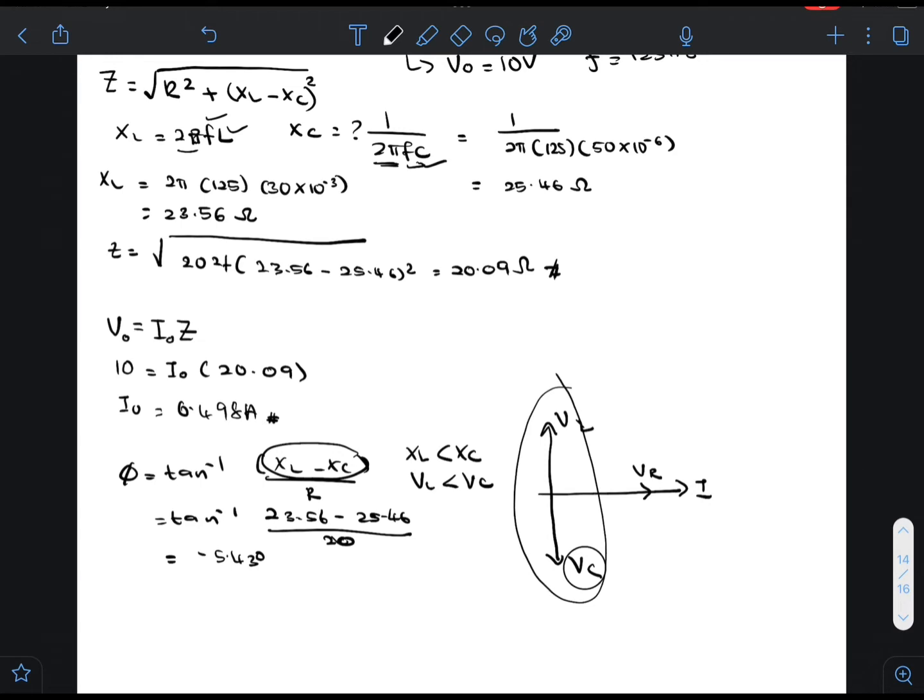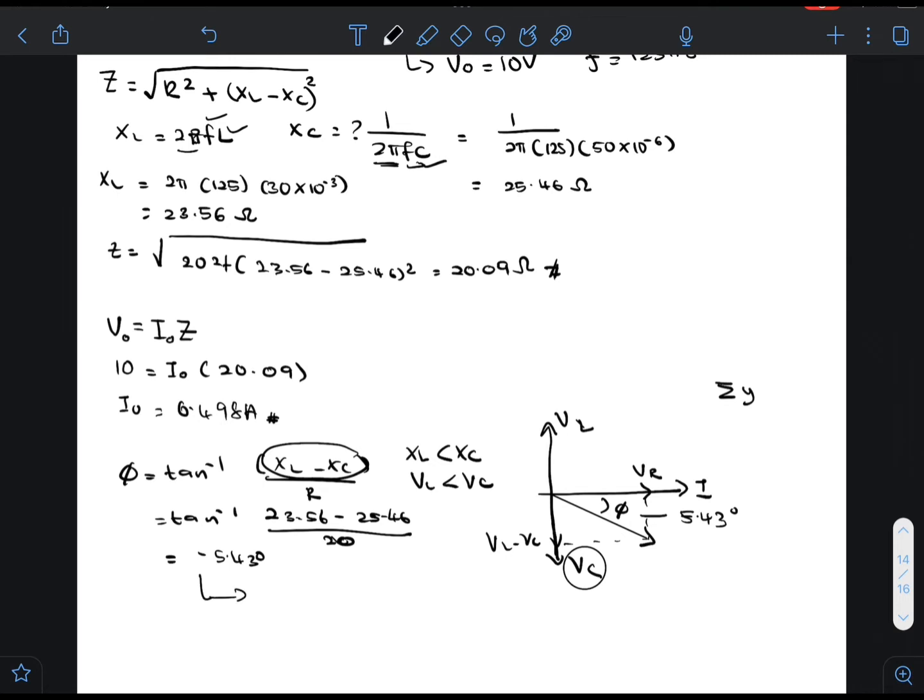So when you sum your Y component here, kita akan dapat summation Y kamu berada dekat negatif, iaitu dekat bawah sinilah. Alright, which is VL minus VC, nilai dia akan duduk dekat bawah sini. So your V net is going to sit somewhere here. Di mana ini menunjukkan nilai V kamu 5.43 degree.